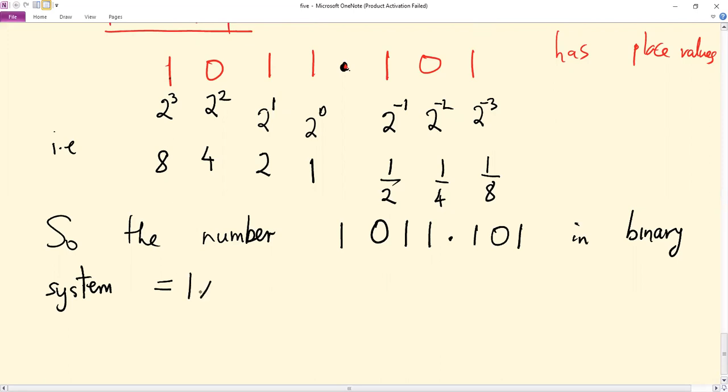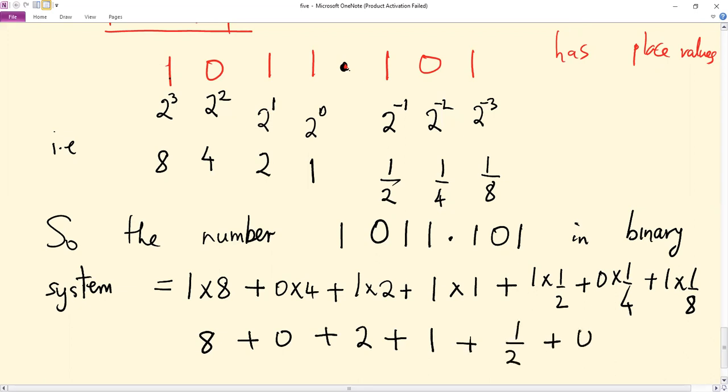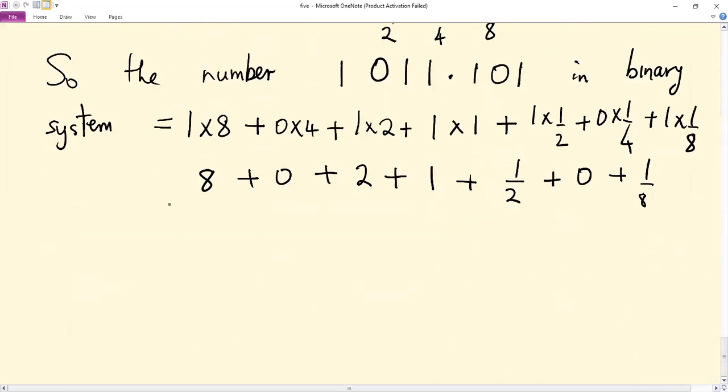So it will be 1 times 8 plus 0 times 4 plus 1 times 2 plus 1 times 1 plus 1 times a half plus 0 times a quarter plus 1 times 1 over 8, which will be 8 plus 0 plus 2 plus 1 plus a half plus 0 plus 1 over 8.